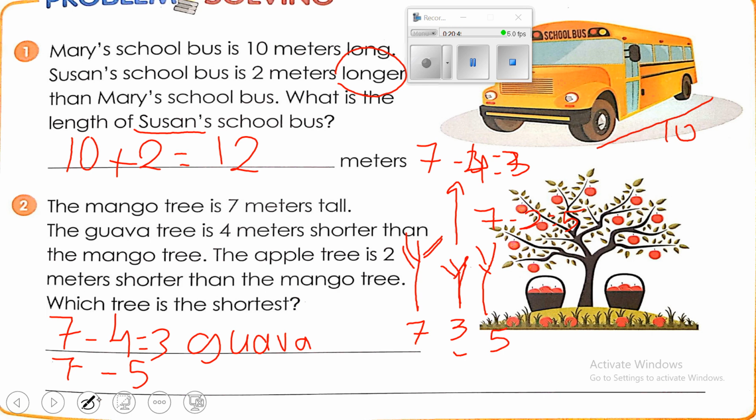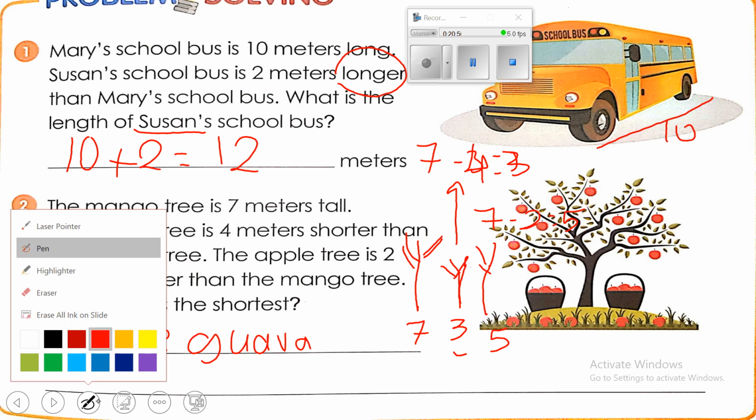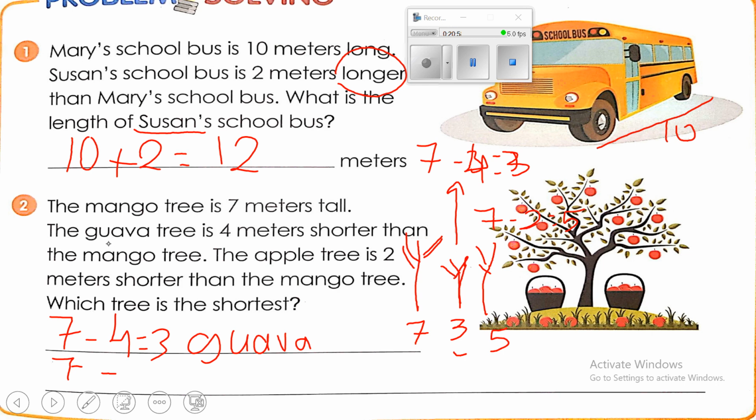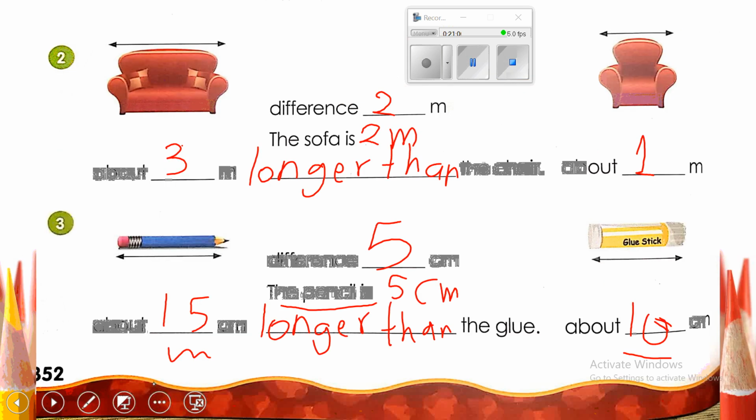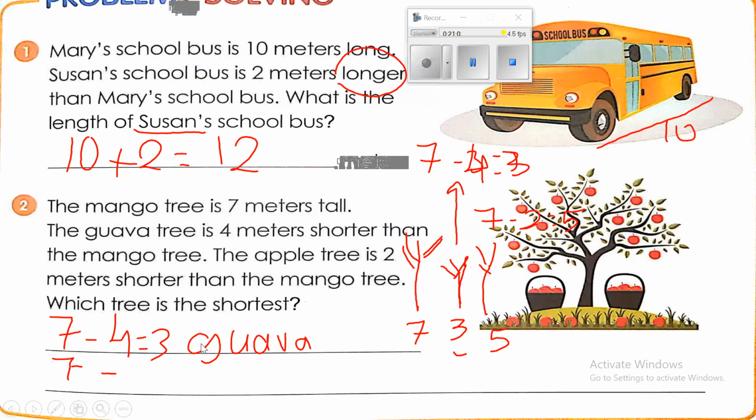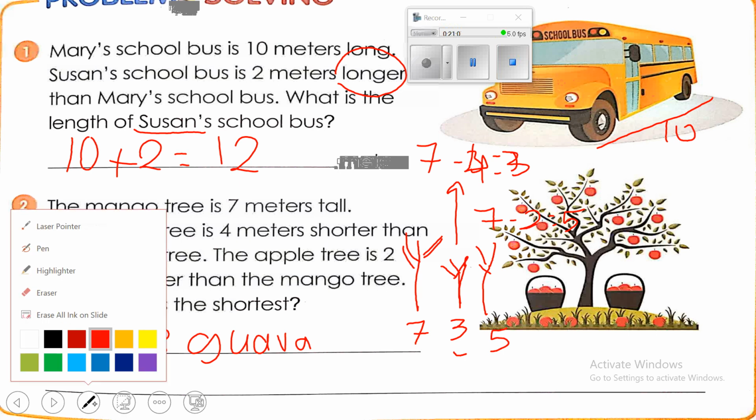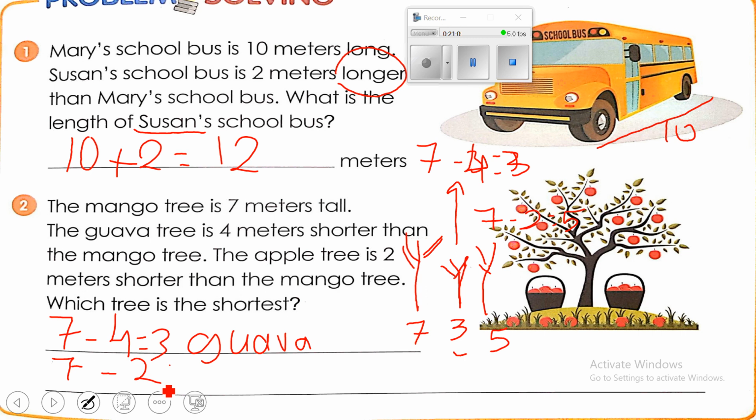Wait a minute. 7 minus 2. Right. Yeah. 7 minus 2, it will be 5. This is for the apple. And which tree is the shortest? Perfect. The guava tree.